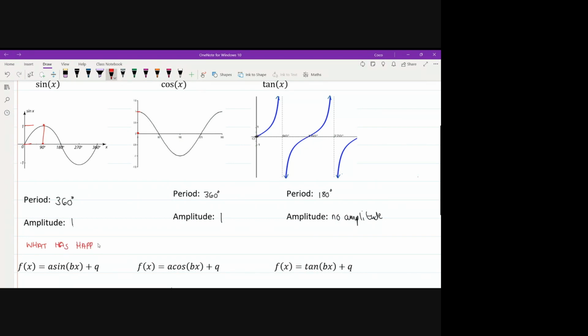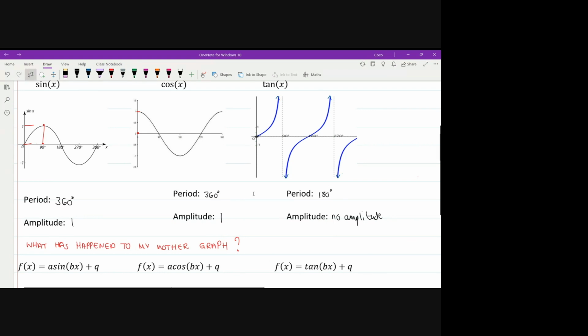So all the transformations that we're looking at, we're going to look at how they affect my mother graph. Okay, so that's the big question today. So we're going to look at the mother graph, and we're going to compare the graph that we have on the screen to what we are seeing.